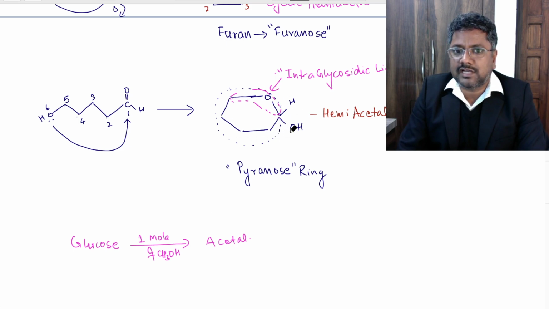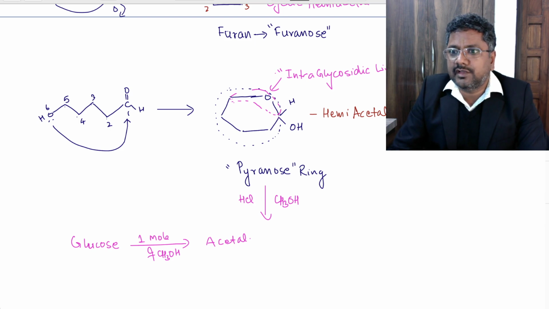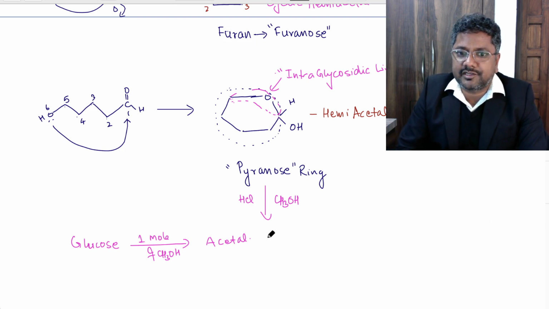Means the glucose already exists in this form, then only you will get complete acetal from 1 mole of methyl alcohol, right? Now see, if you react this compound with methyl alcohol and HCl, you will get complete acetal.